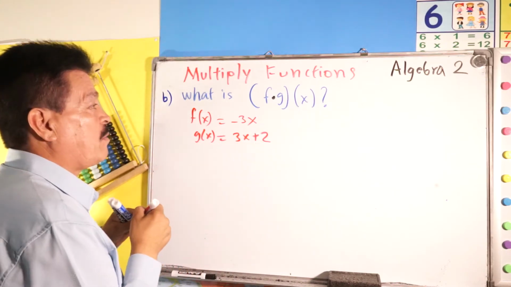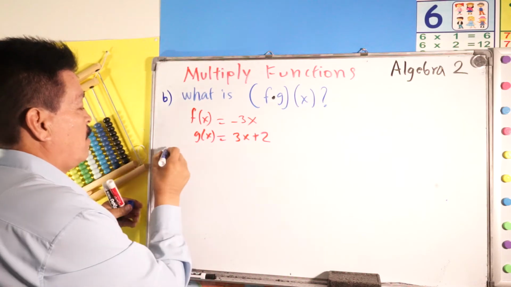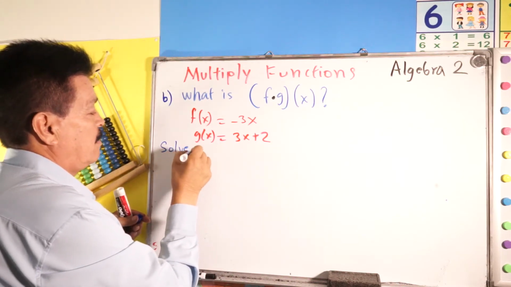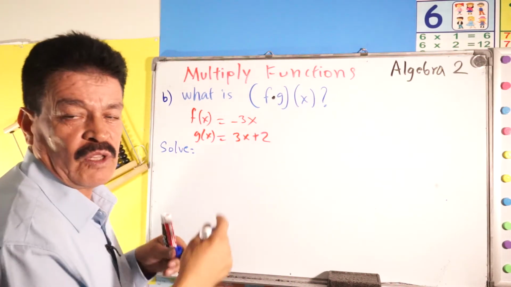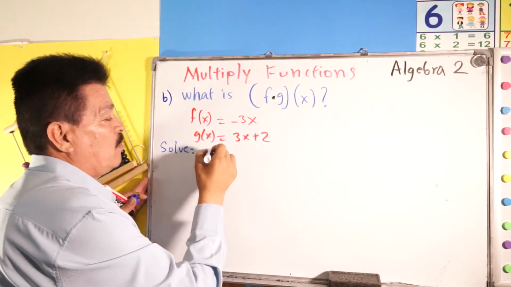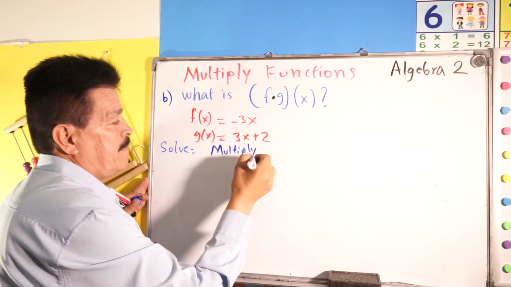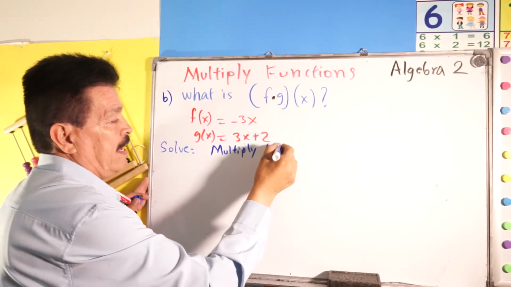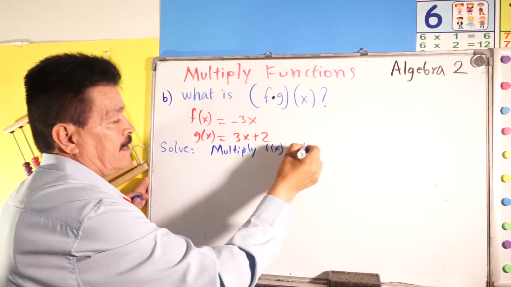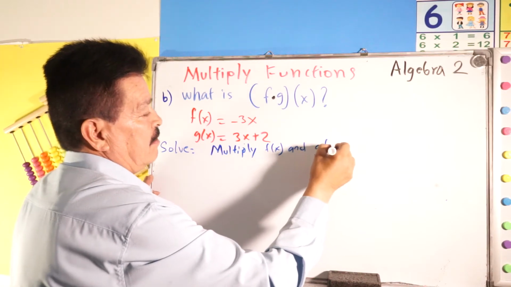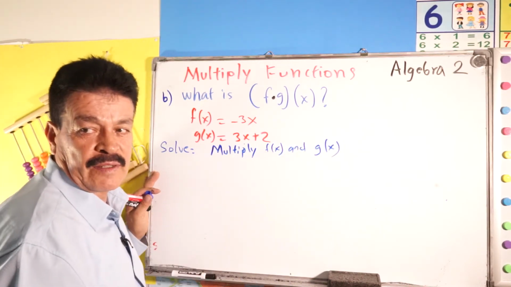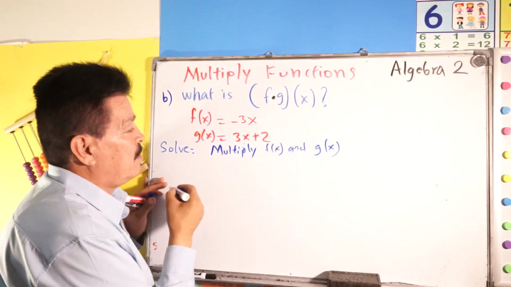So now solve our problem. How do we solve it? Step by step, multiply. Remember, multiply f of x and g of x. All right? And how?